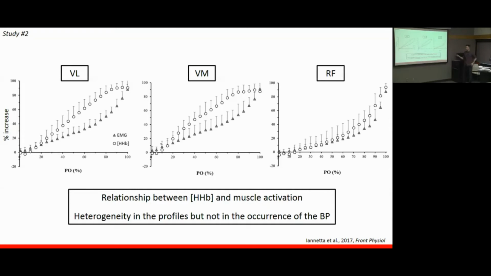Yeah, for sure. This is a biomechanical consequence of this being a biarticular muscle, and these are monoarticular. As I said, there is a relationship because we see higher activation, higher HHB, lower activation, lower HHB. So it's related to the metabolic activity, and during a ramp test the rectus femoris activation is attenuated because of that.